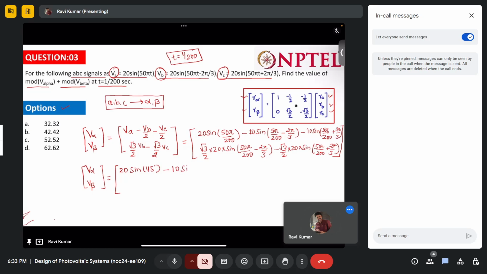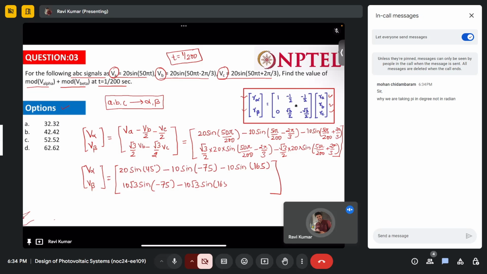Ten sine minus 75 minus 10 sine 165. And in this case it is 10 root 3 sine minus 75 minus 10 root 3 sine 165 degree.